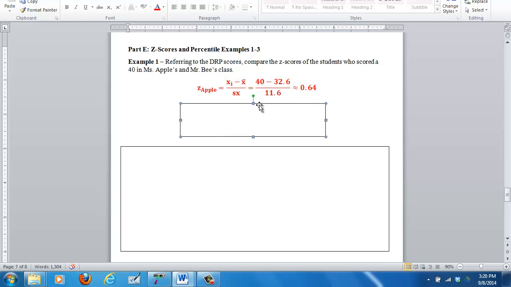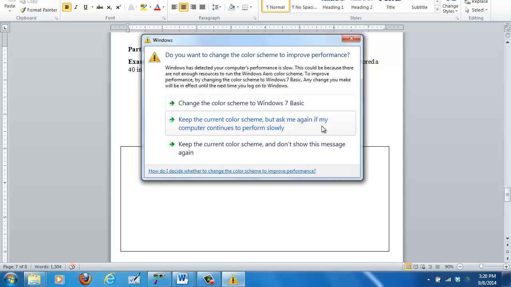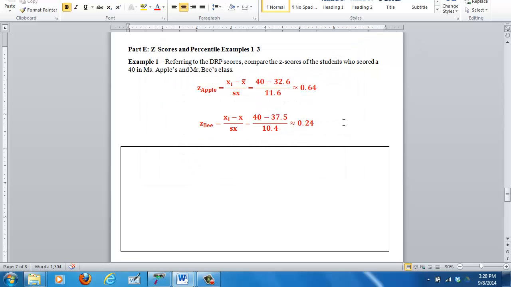However, in Mr. B's class, that would represent 0.24, or just a little bit less above the mean in his particular class, because we know in Mr. B's class the mean was a little bit higher. Therefore, that score of 40 is closer to the mean.